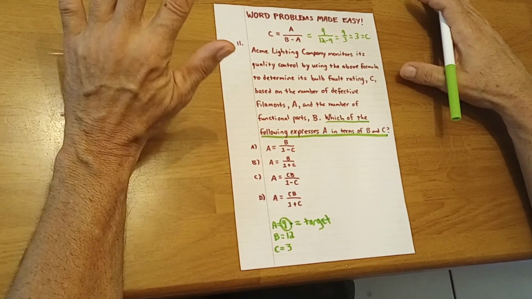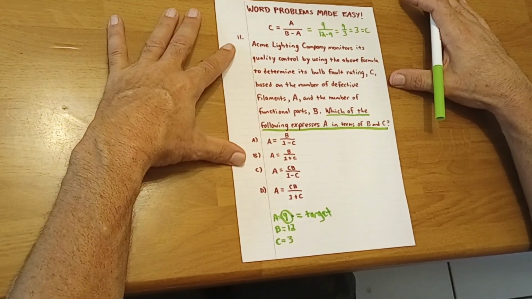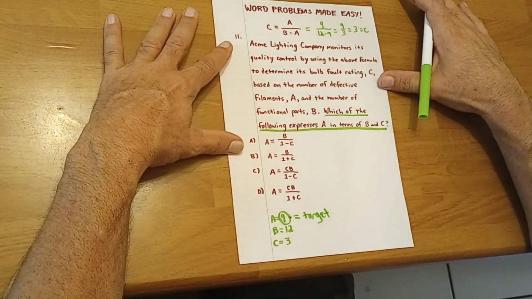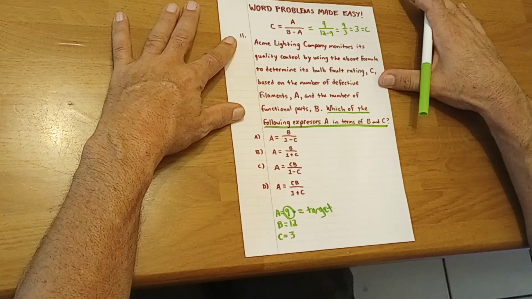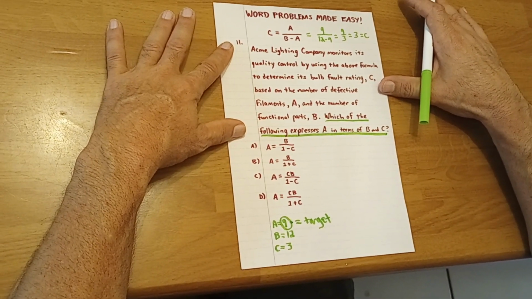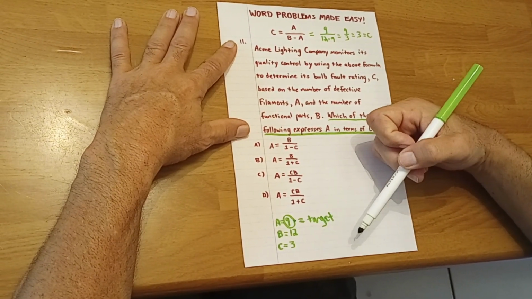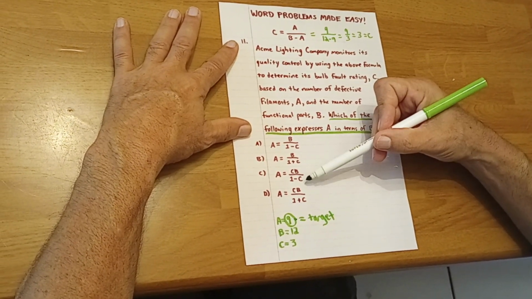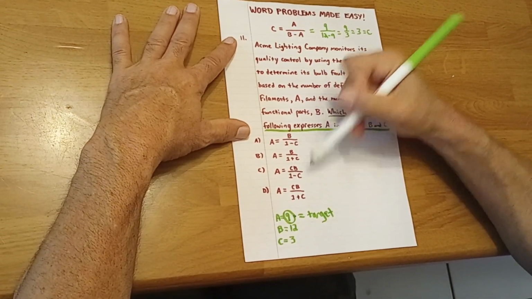Okay, now, we want to take a deep breath here, right? And before we start plugging in numbers, we want to use a little bit of logic to see if there's anything we can eliminate right off the bat. Now, what do we know again about C? It's 3. If we look at answers A and C here, for the denominator we have 1 minus C in both of them.